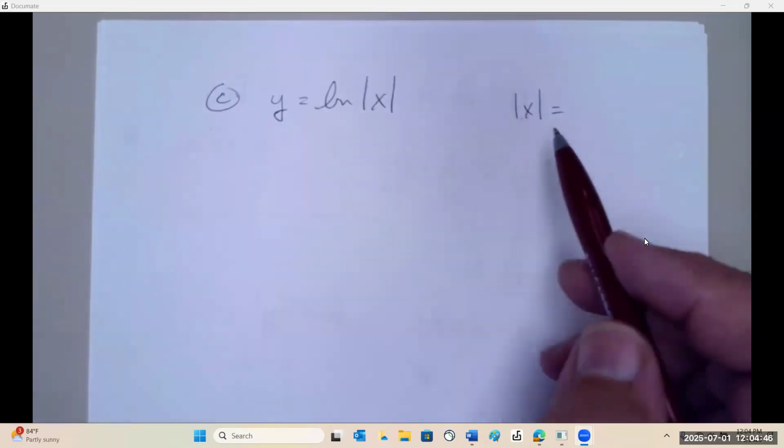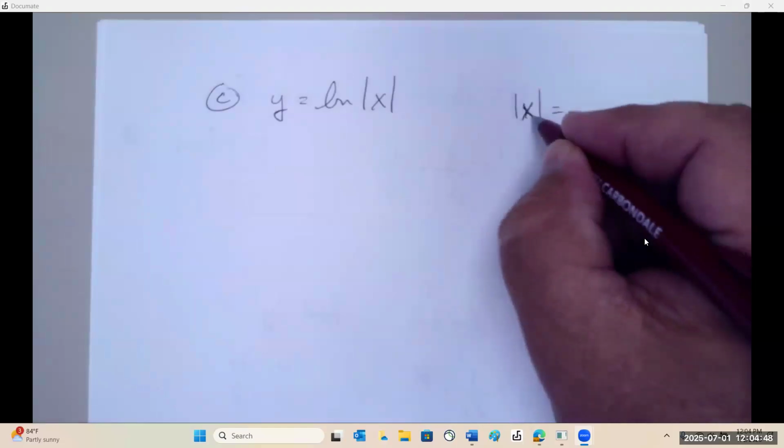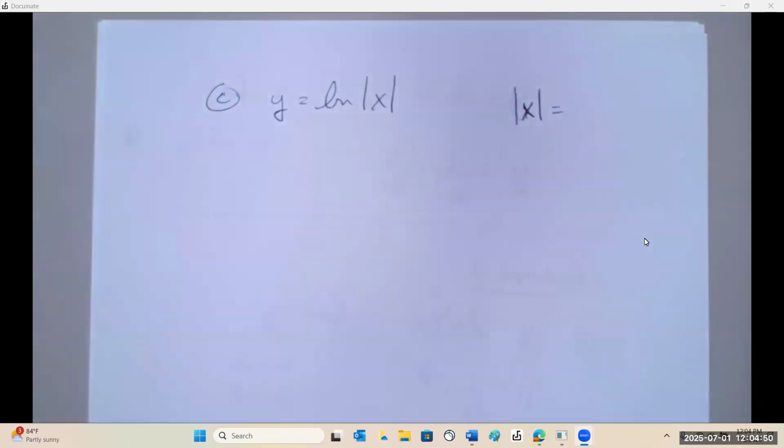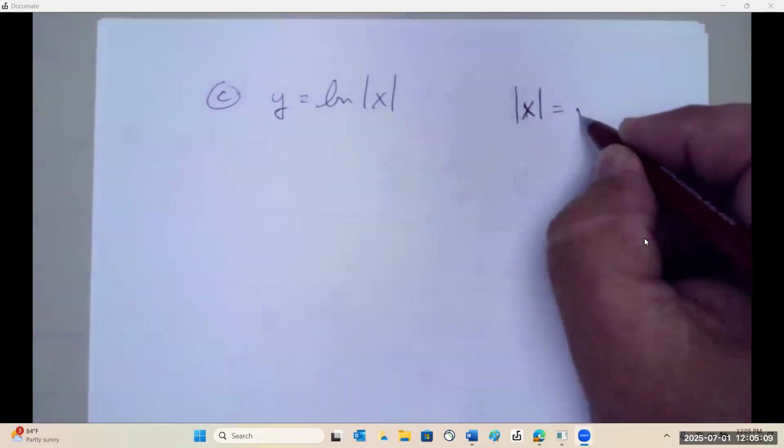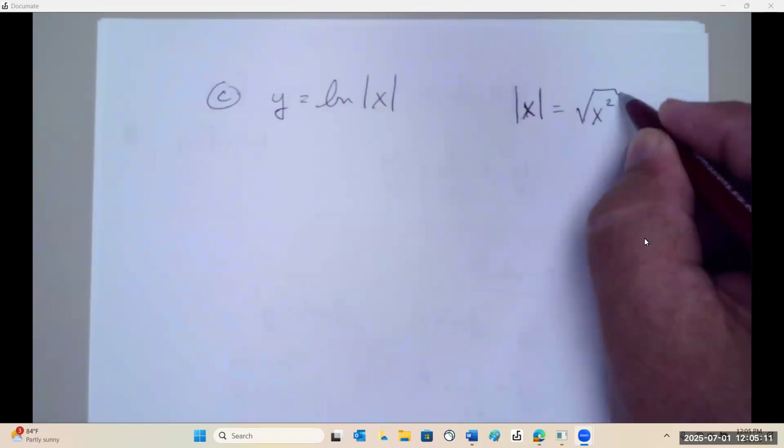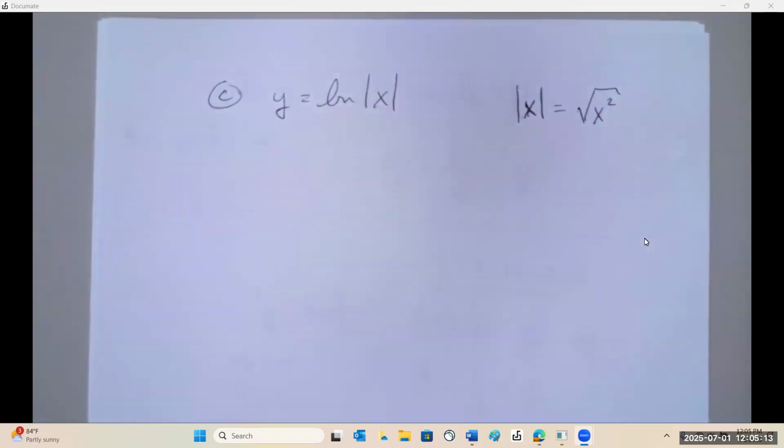What does absolute value do? Make it positive. In other words, it strips the negative. So the easiest way to strip a negative is if you take a number and square it. What happens to that number? It becomes positive. How do you bring it back down to normal? Square root it. So that's the formula for an absolute value.